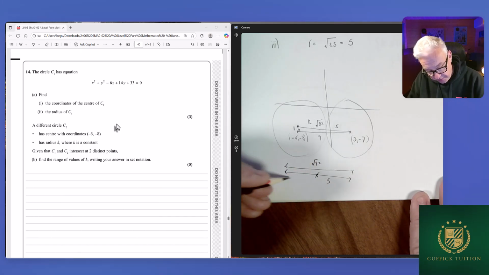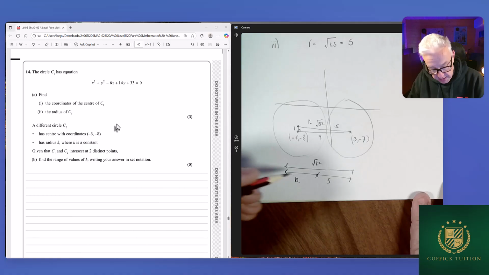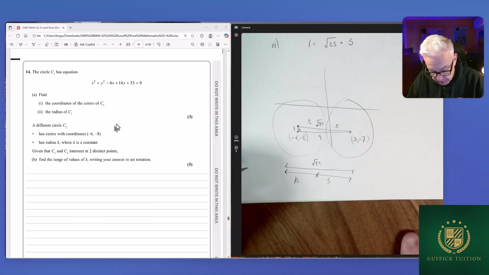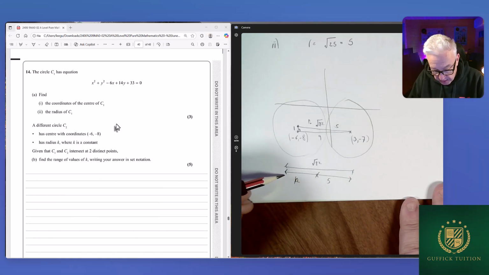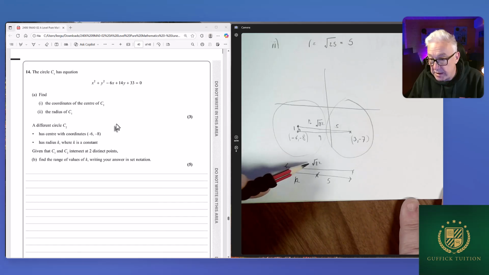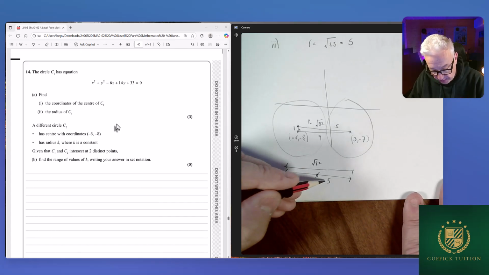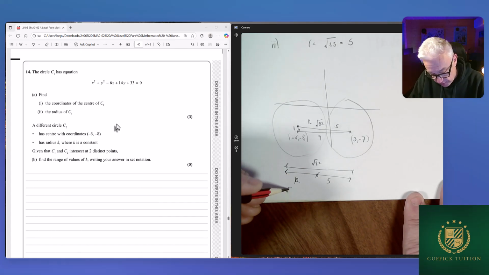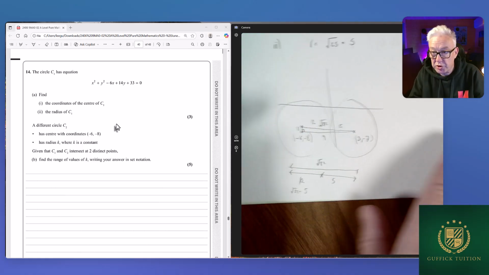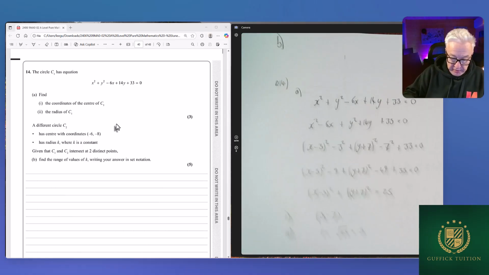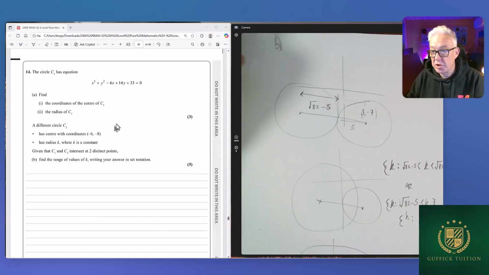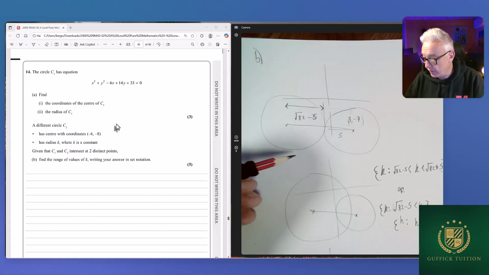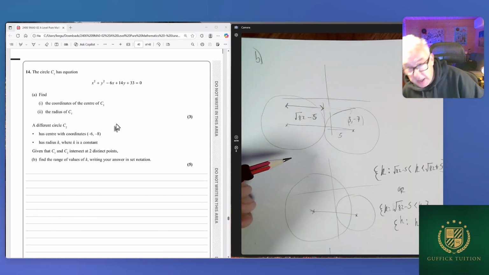This is 5, and this is our k. So when the two circles are just touching, k is going to be root 82 minus 5. So that's when they're just touching, which I've represented there on another sketch.